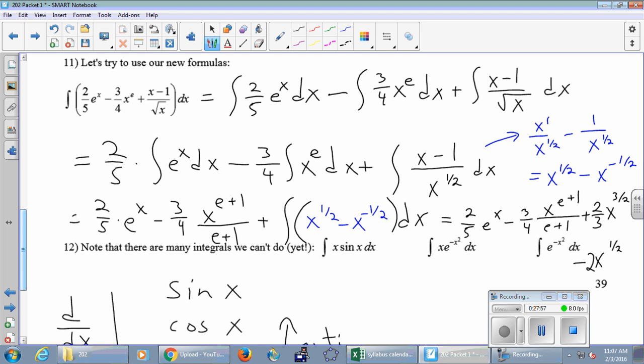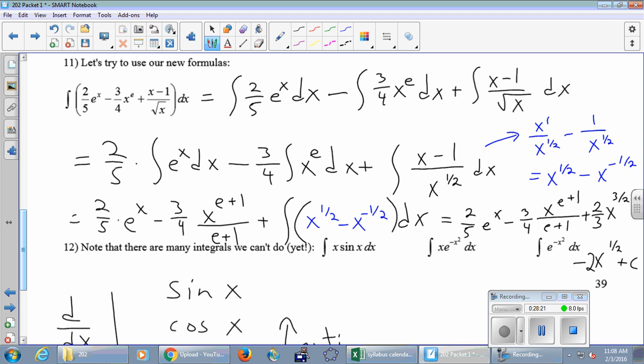Plus c, once here at the very end is sufficient. Okay, like I said, not going to require that level of detail at any point from you guys, but splitting it up when you see addition and subtraction and then taking those constant multipliers in front will become something that is intuitive with a lot of practice.